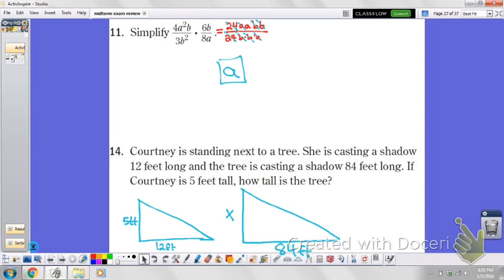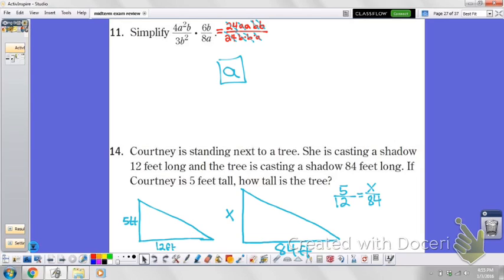I'm going to take the little side to the big side of one triangle, so 5 to 12, and that is going to be equal to the little side to the big side of the other triangle, so x over 84. Like I said, there are several proportions you can write. They will all give you the same answer if you write them correctly.